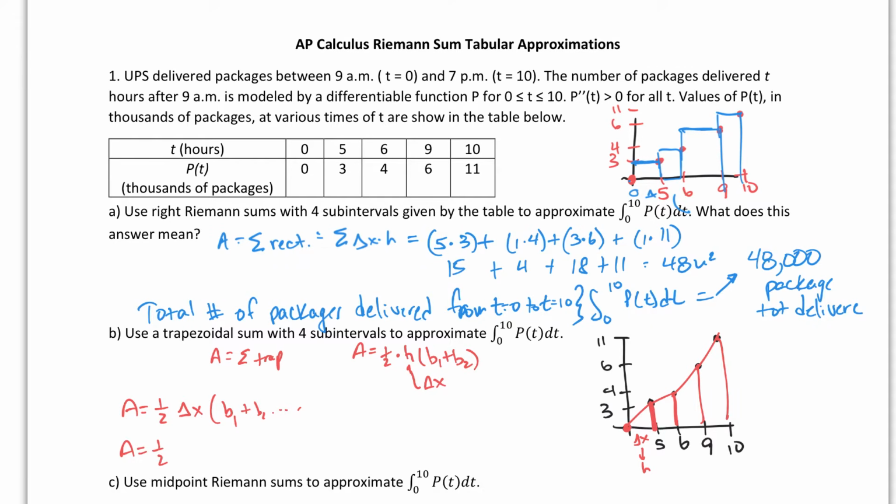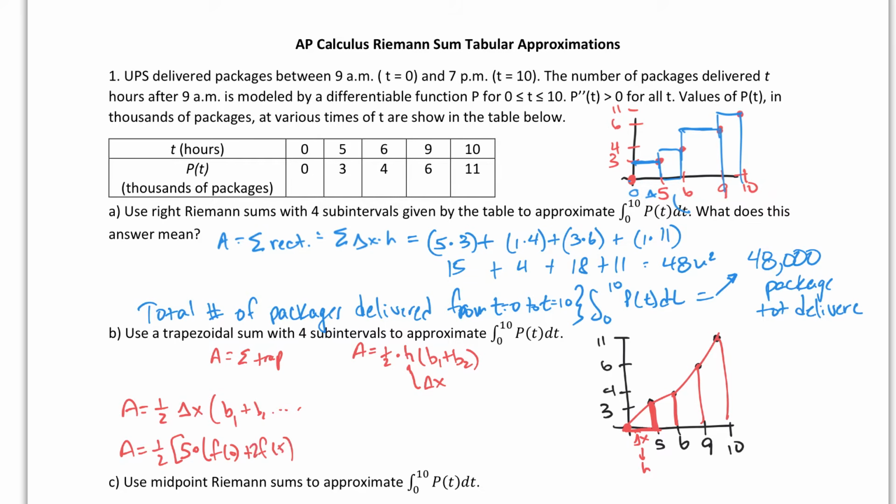Now let's look at how we do this. Let's put in what delta x actually is in this case, and our delta x over here is 5 for this first one. So 1/2 times 5 times, now the first base is going to be f of 0. The second base will be f of 5.